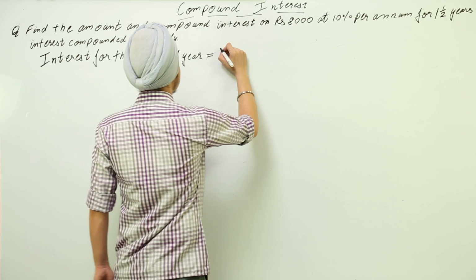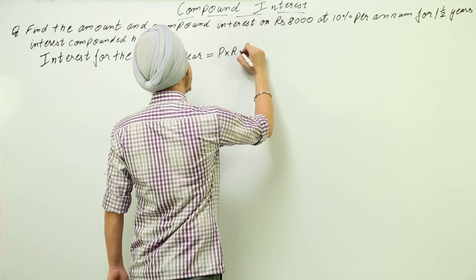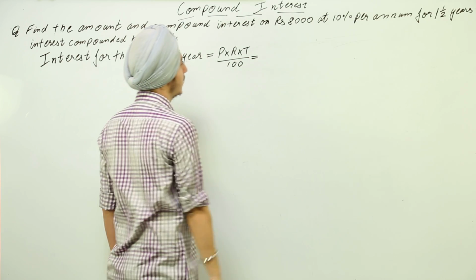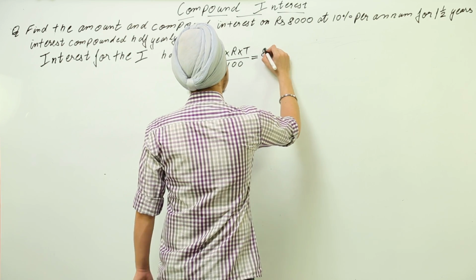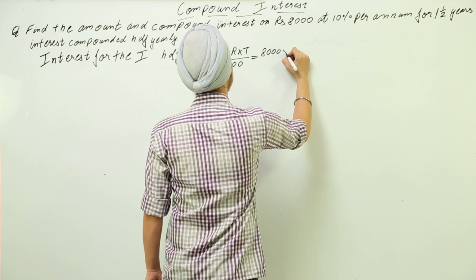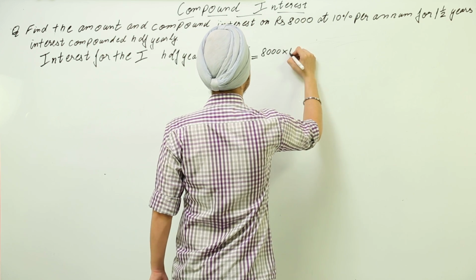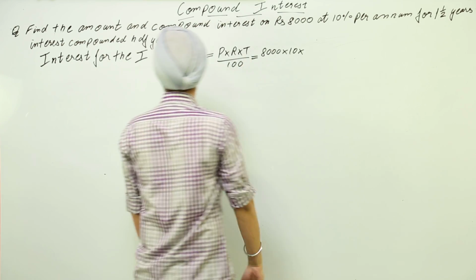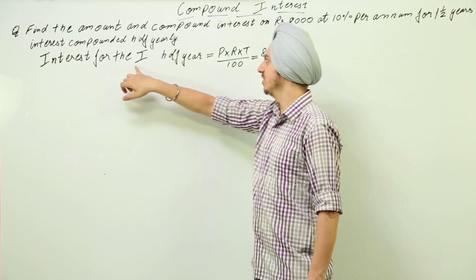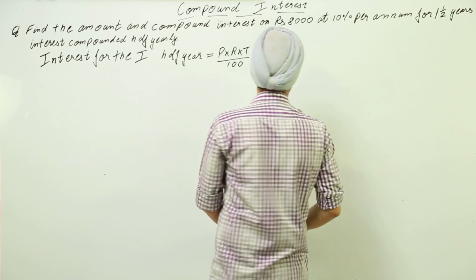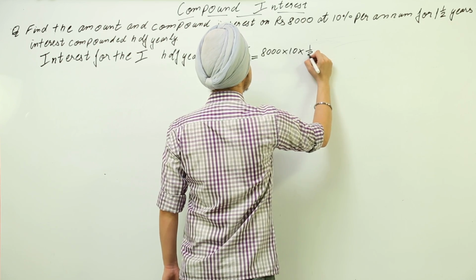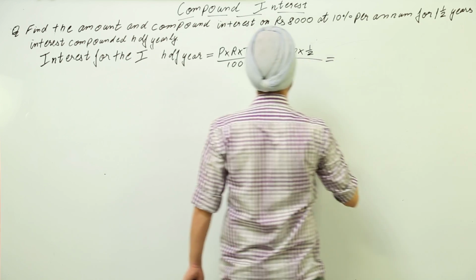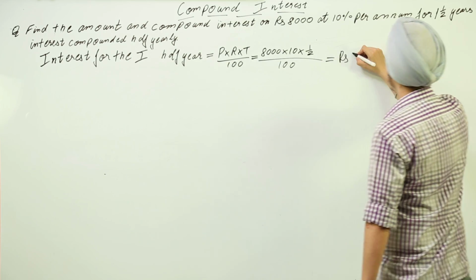That is, as we know, P into R into T upon 100, which comes out to be equal to 8,000 into 10% into the time. So what is the time here? We are calculating it for the first half year. So the time is 1/2 upon 100, which is equal to rupees 400.